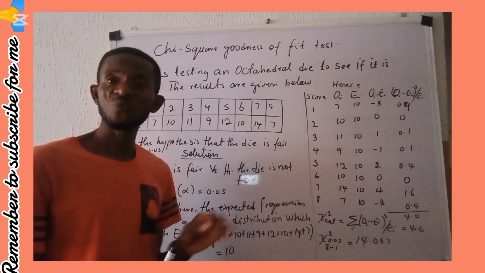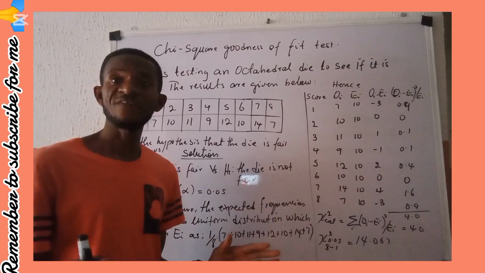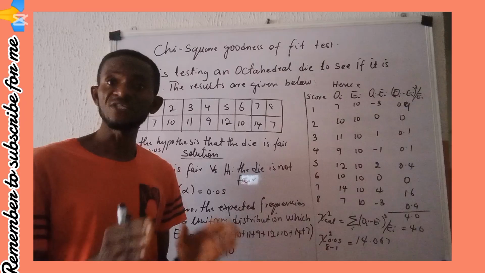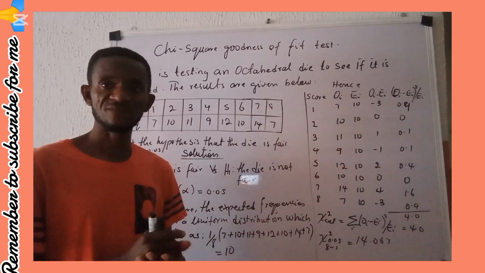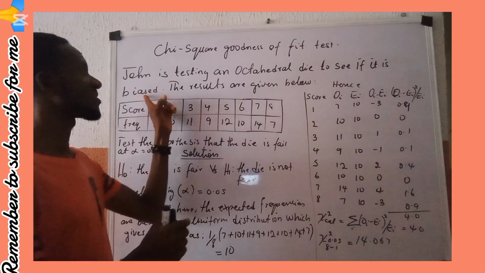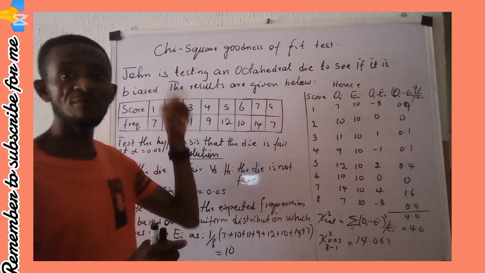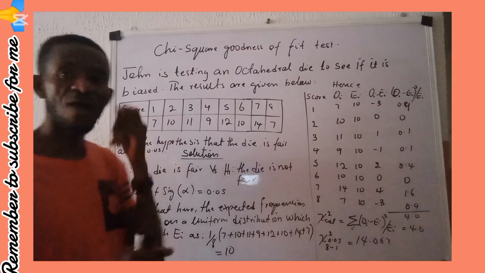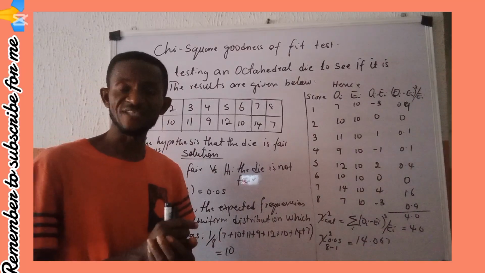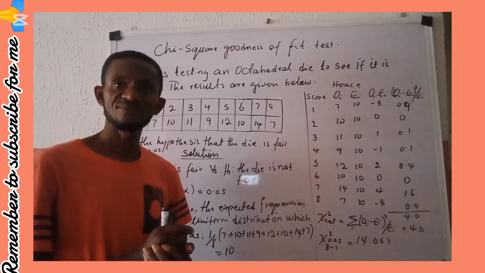And therefore, we conclude that the octahedral die is fair. It is not biased. It is unbiased. Otherwise, we could have said that our octahedral die is biased.